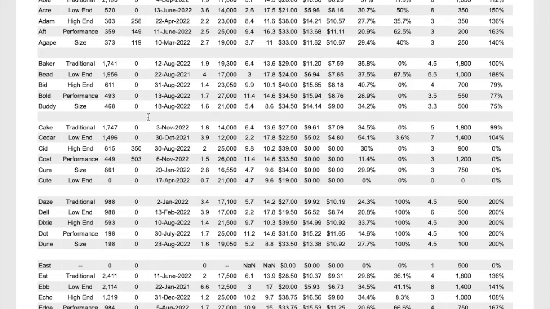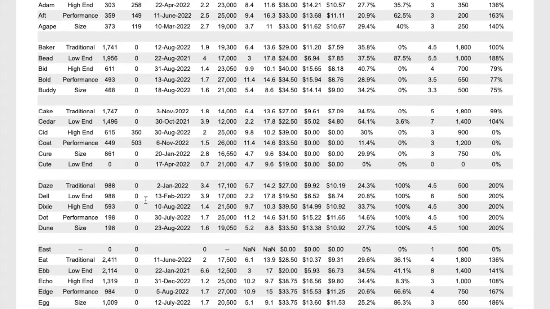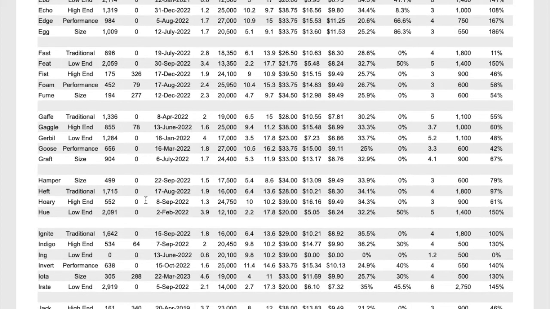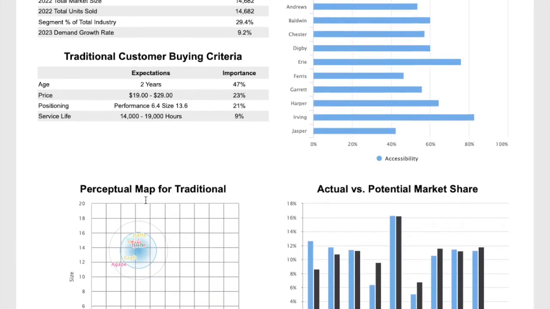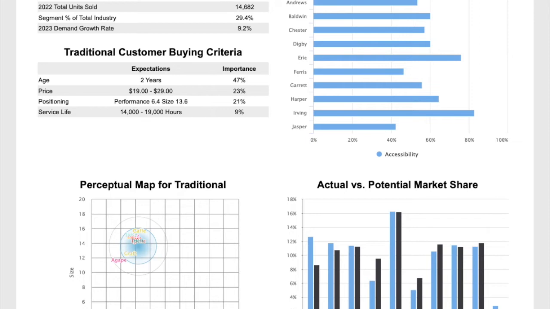Later on, when we go to the projection, let's see that chart, and then I can tell you guys more about how to find the ideal spot. Okay, next one. Oh yeah, the segment analysis, this is what I'm talking about.